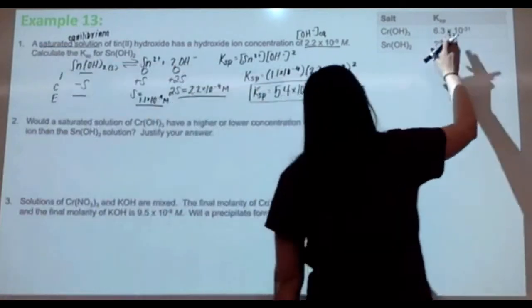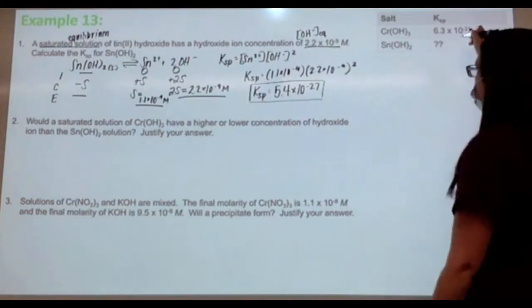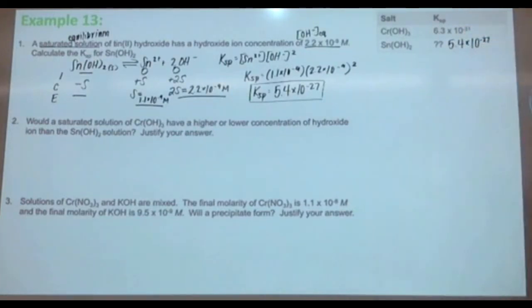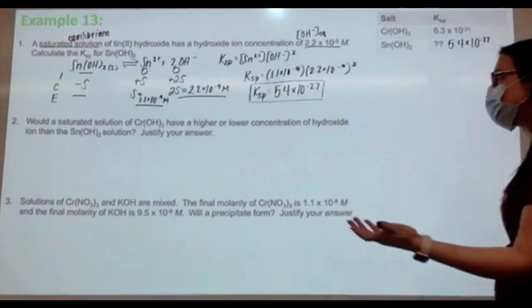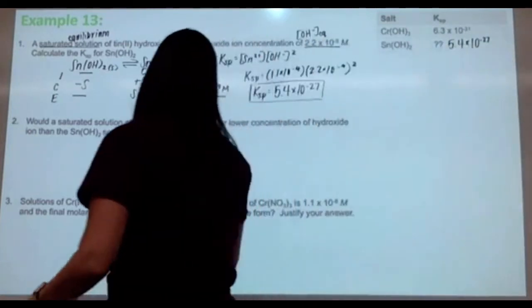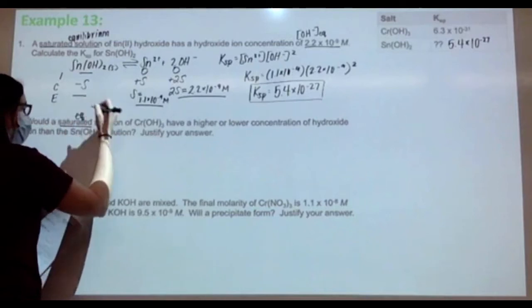So notice they gave us this table that has chromium 3 hydroxide and tin 2 hydroxide. Well, now we know what the KSP is here, because we just solved. So number 1 was just having us solve for KSP if they give us one of the ion concentrations. Number 2 asks what a saturated solution. So again, saturated means that the solid is at equilibrium.